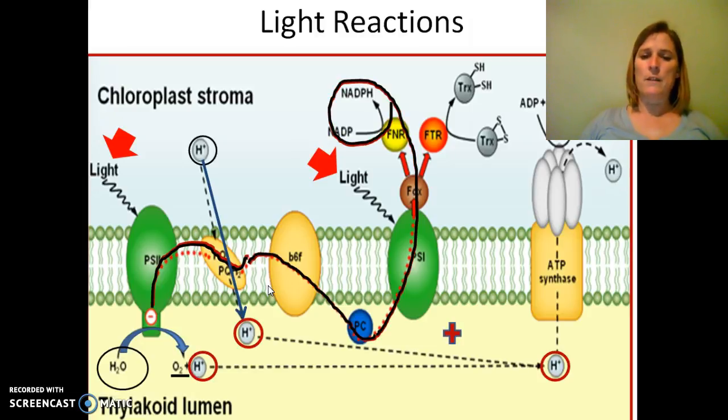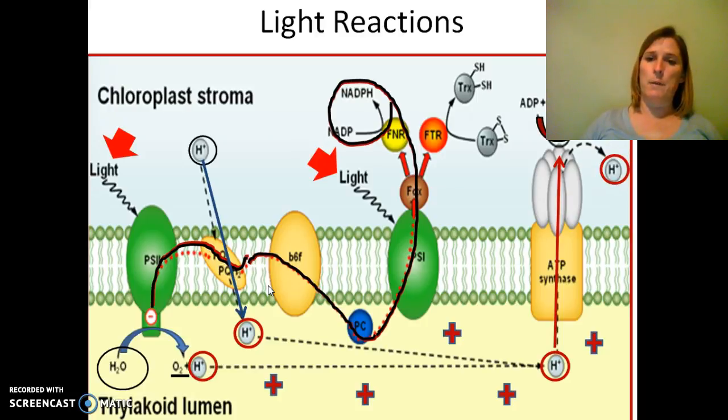And as we increase all those hydrogen ions, we're going to have a positive charge on the inside of the membrane. And then once we have all these hydrogen ions, where are they all going to go? They're going to want to leave the membrane and they're going to go out through another protein called ATP synthase. In the process of pumping out, those hydrogen ions are going to create ATP.